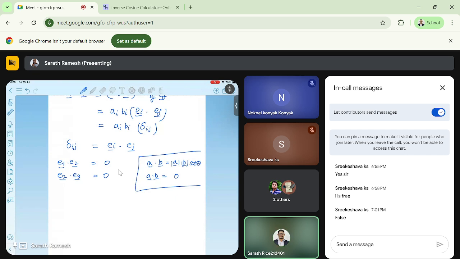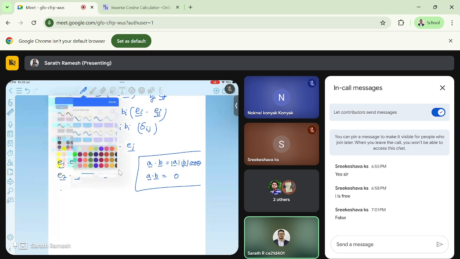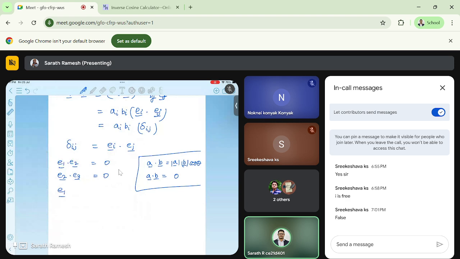Fine. What is E1 dot E1, or E2 dot E2? If two vectors are parallel, what will be the dot product? 1. Excellent. So, 1.